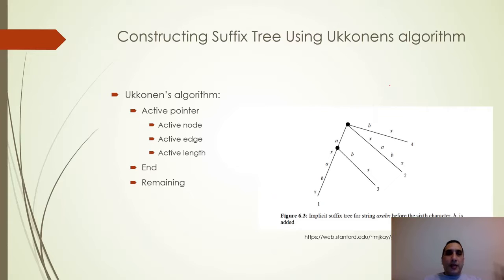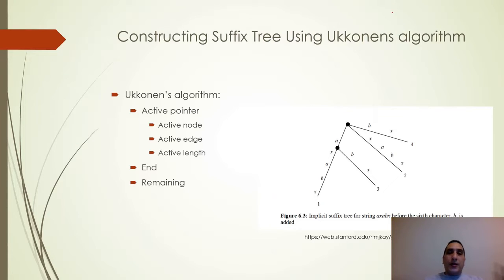The things that we're going to talk about later on in the upcoming slides, like rules and tricks, are actually going to use the active pointer and its attributes, and they might even change the values of some of these attributes. So maybe understanding the active pointer ahead of time will make things easier to follow later on when we talk about the rules and the tricks.